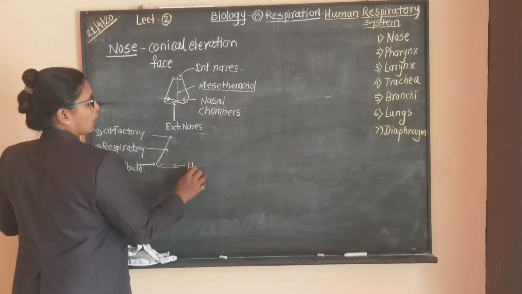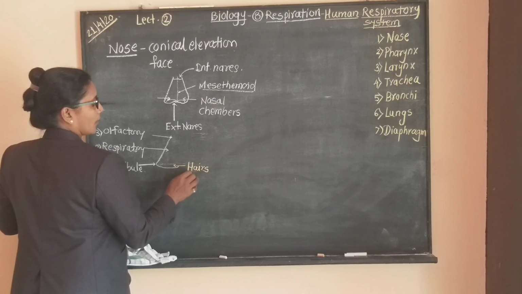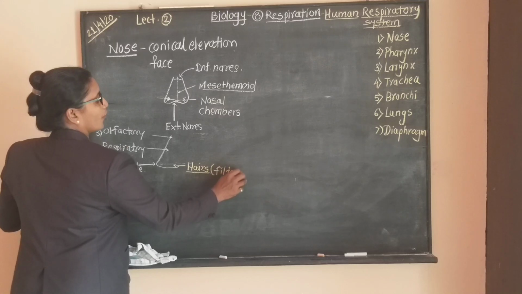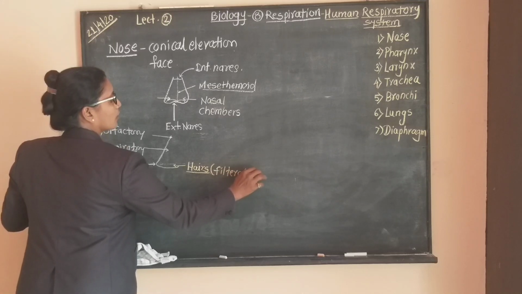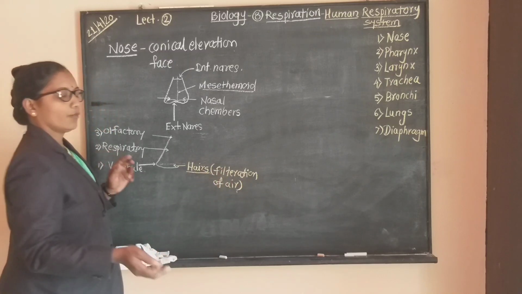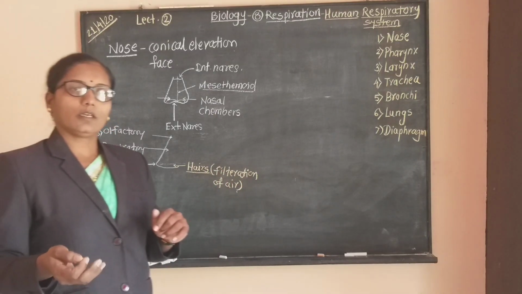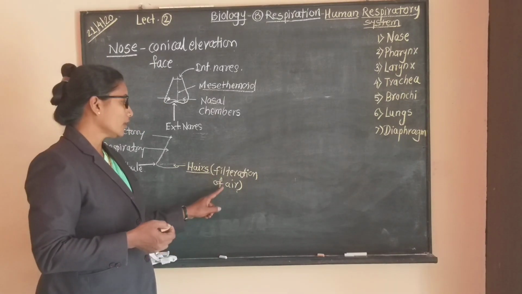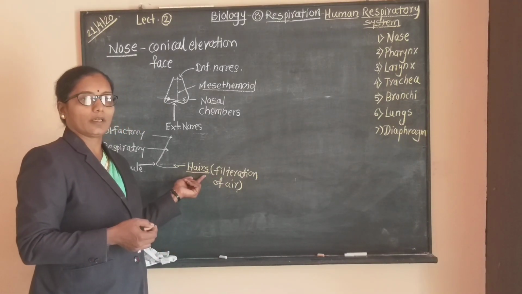Now this vestibule part is the anterior or proximal part. It consists of hairs, and these hairs are for the filtration of air. When we inhale, the air goes inside our nasal chamber. It is filtered due to these hairs.